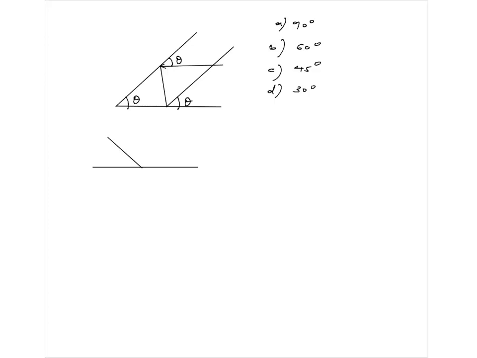In the law of reflection, you can also say these angles are equal, isn't it? When we say these angles are equal with the normal, doesn't it mean that these two are also equal automatically? If this is theta, this will be theta.